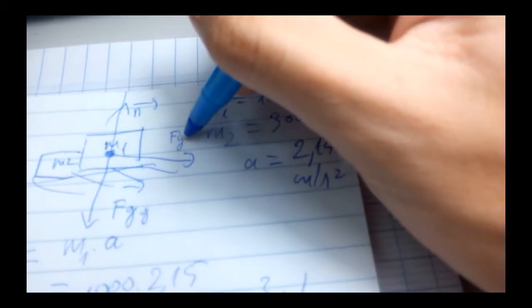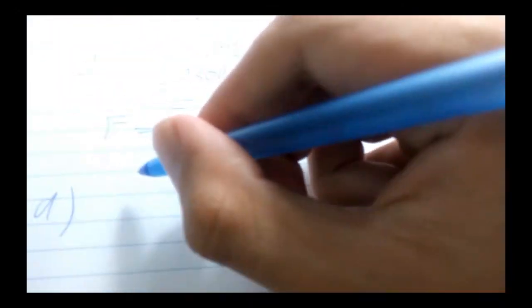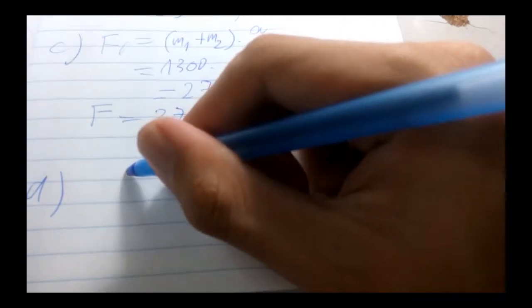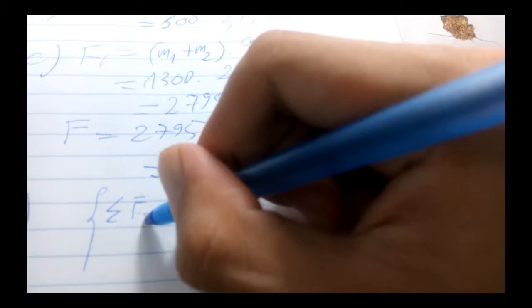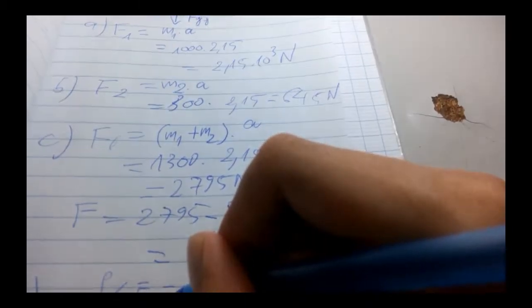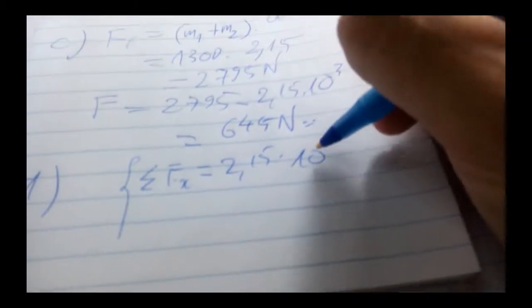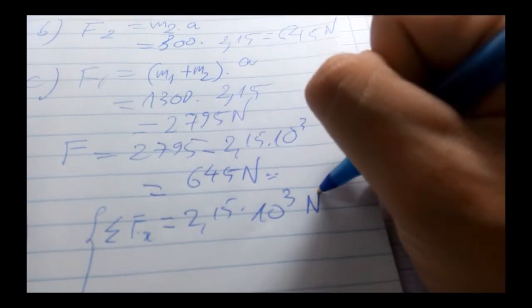Some sort of like that. So we use the dynamic equations, like the sum of Fx equals 0.15 minus 10 to the power of 3 Newtons.